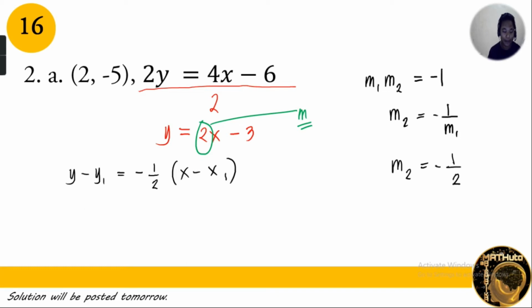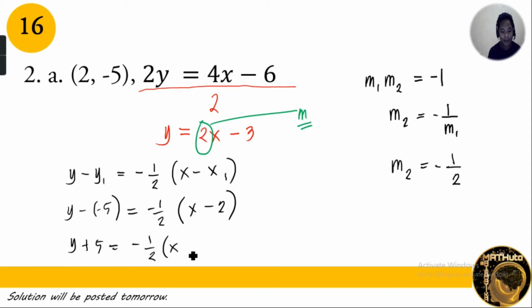Substitute natin yung values ng ating x and y coordinate. We have y minus negative 5 is equal to negative 1 half times the quantity of x minus 2. Simplify po natin. y plus 5 is equal to negative 1 half times x minus 2.